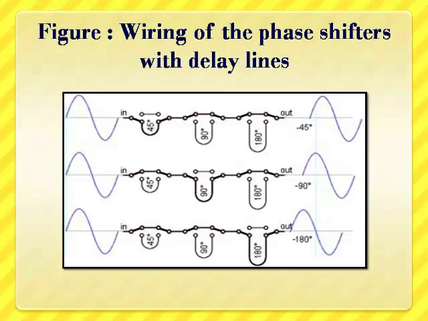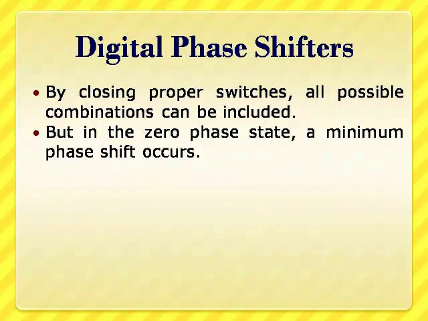This is all possible with the PIN diode switches only, but they are operational up to 5 GHz. Beyond that, the loss due to a phase shifter is going to increase drastically, and hence another alternative is suggested other than this digital phase shifter type, that is Boyd's phase shifters.